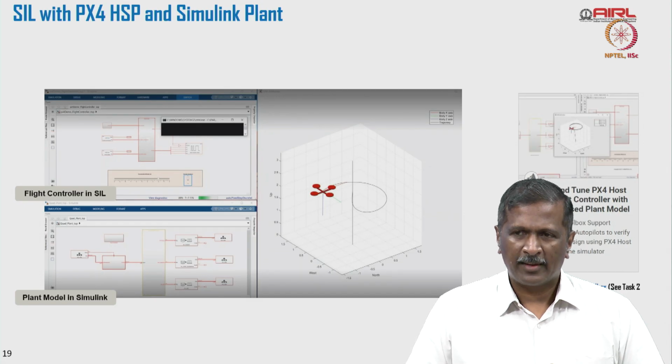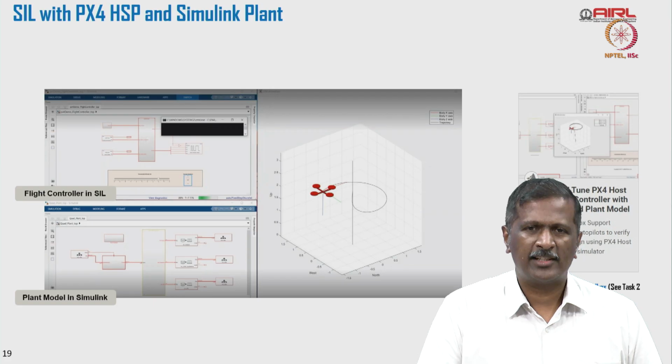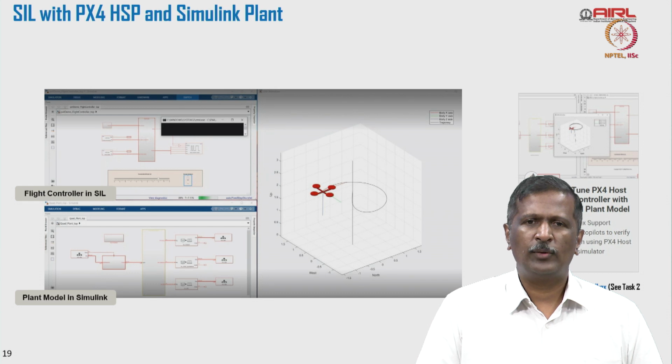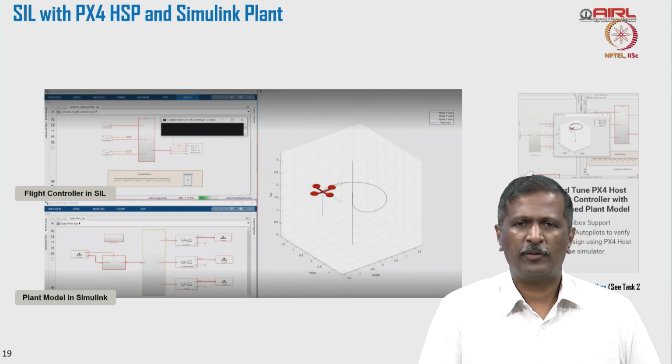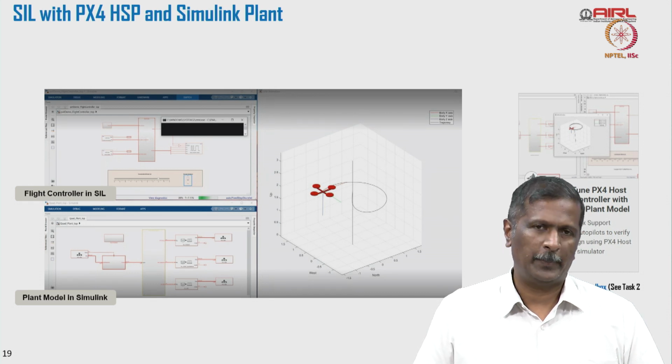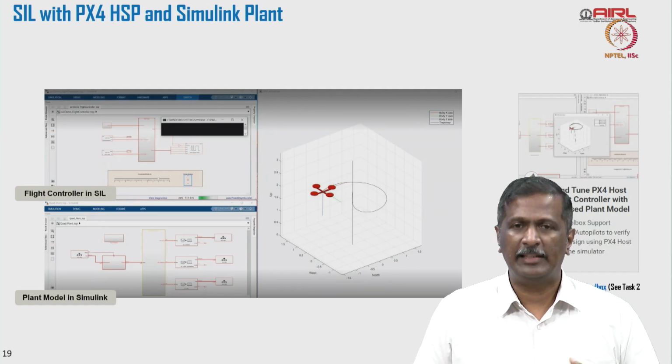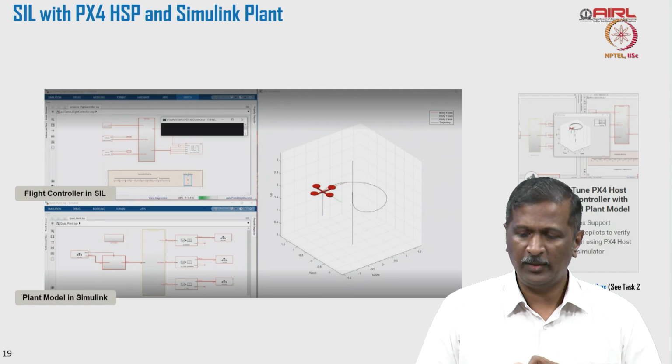Whether my hardware, the control architecture hardware, or my physical system is able to follow the command required for a particular mission in real time. That validation is very important before we deploy it in a physical world, right?